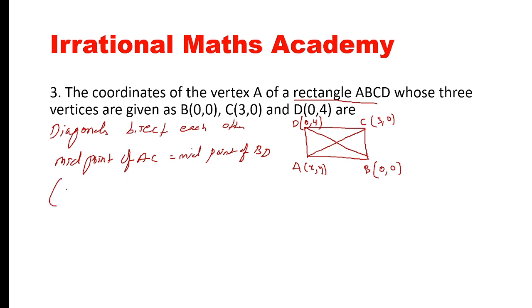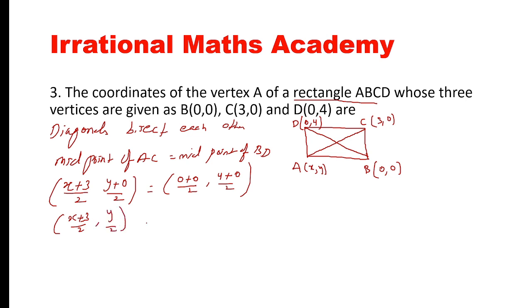Okay. So what I'll get here: midpoint of x plus 3 by 2, y plus 0 by 2, equal to 0 plus 0 by 2, 4 plus 0 by 2. So x plus 3 by 2 comma y by 2 equals 0 comma 4 by 2, which is 2.